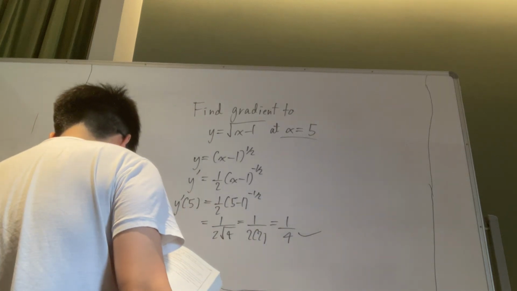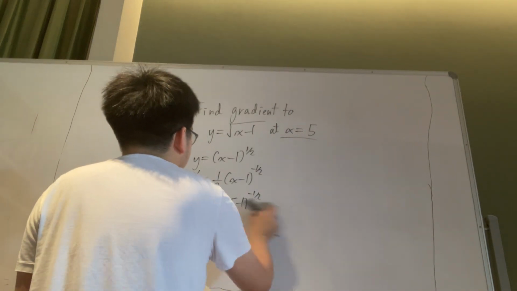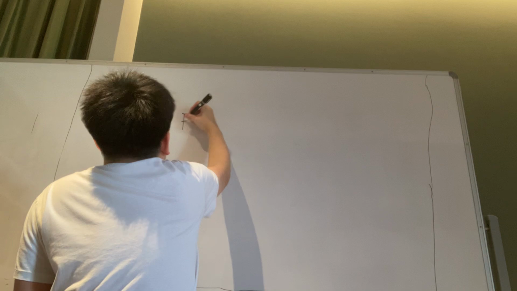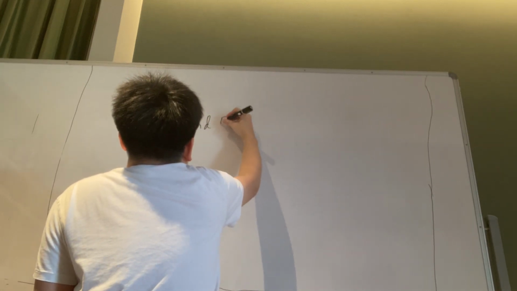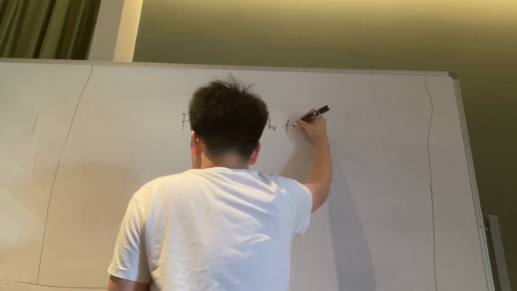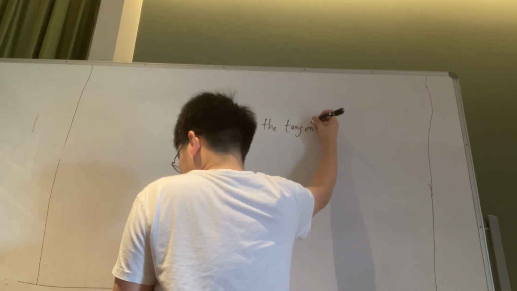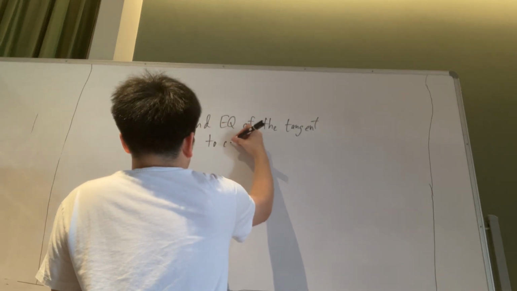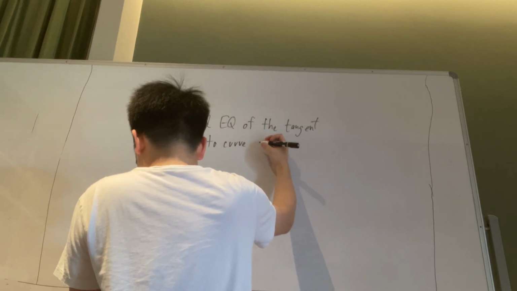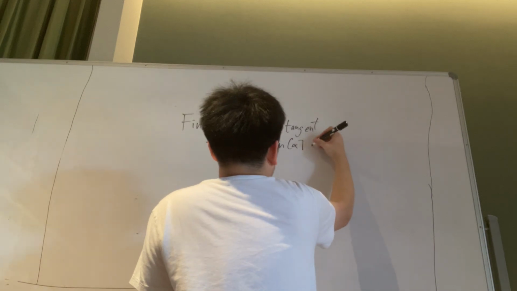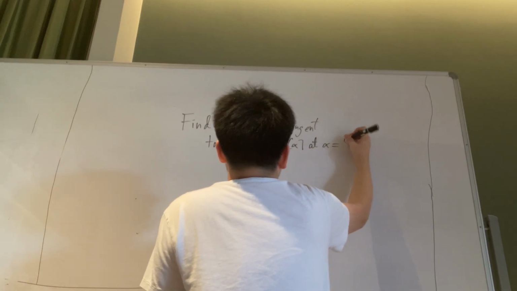And then, let's see, find the equation of the tangent to the curve y equals ln of x at x equals 1.